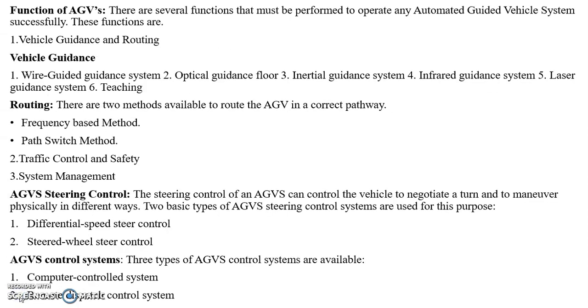Next is the functions of AGVs. There are several functions that must be performed to operate any AGV. Some of the functions are vehicle guidance and routing systems. The AGV's vehicle guidance system is to keep the vehicle on a pre-designated path.